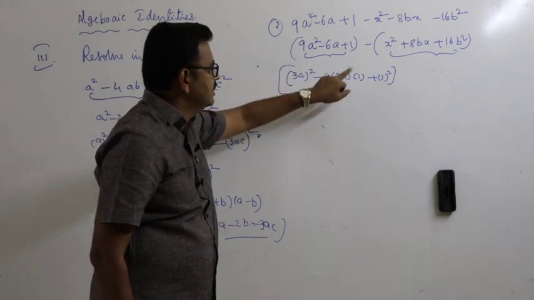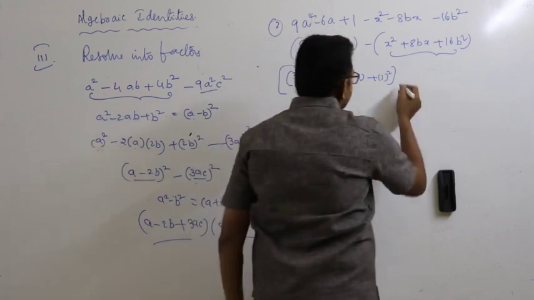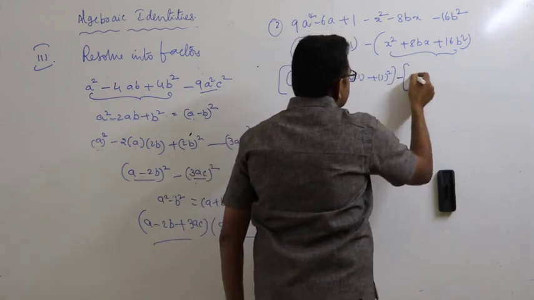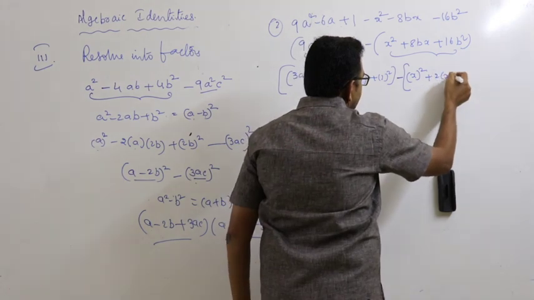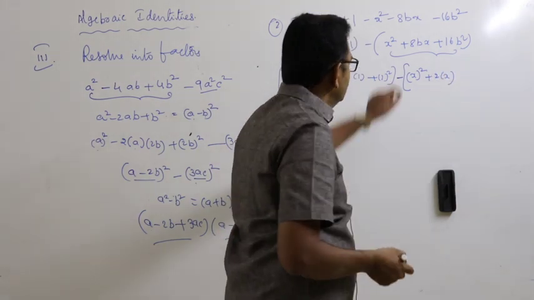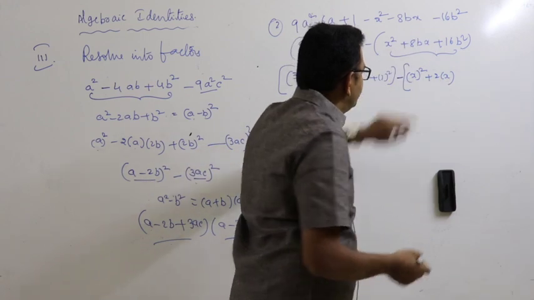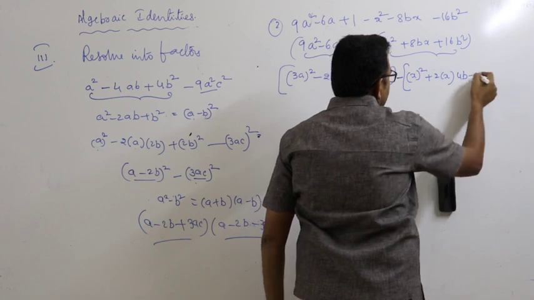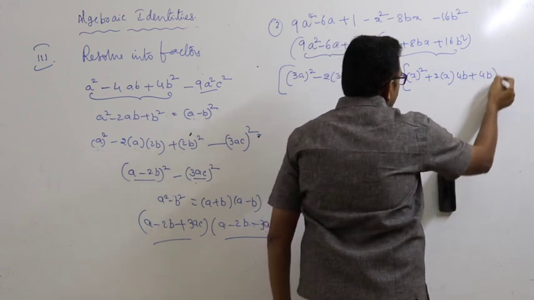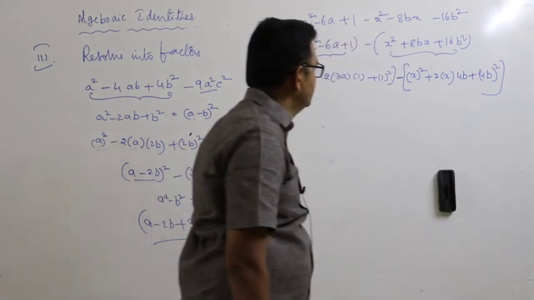This is 6a plus b square, minus this is x square plus 2 into x into 4b, so this is 8bx, 2x into what, 4b, plus 4b whole square.